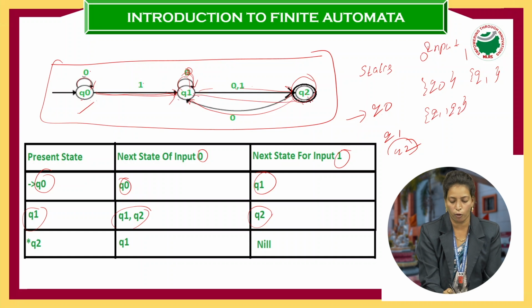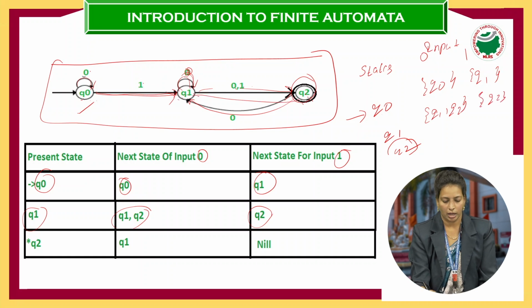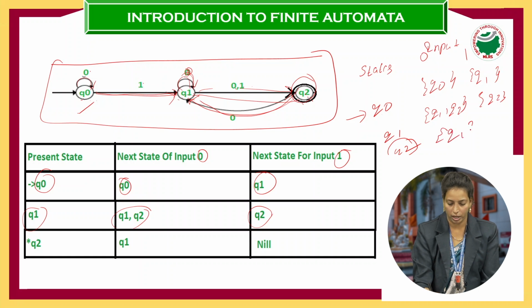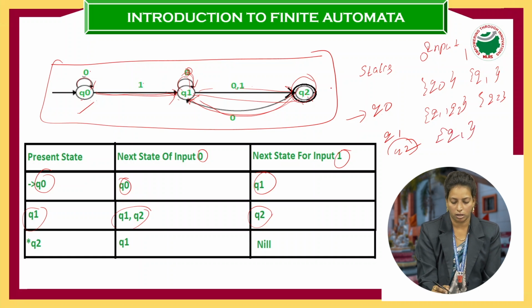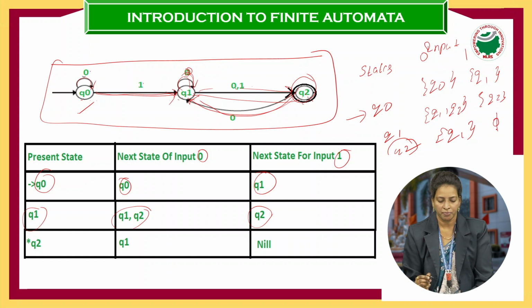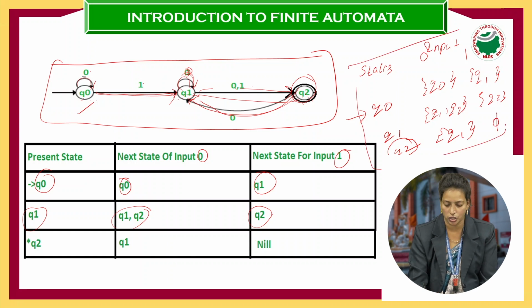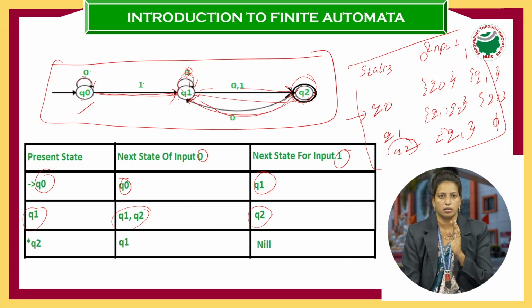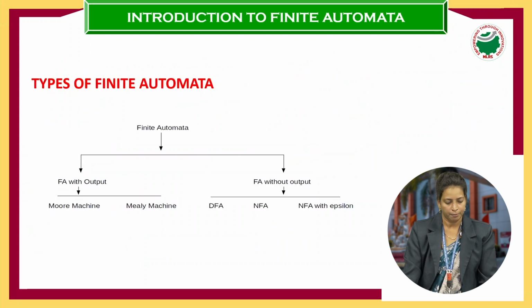Q1 of 1 moves to Q2. Q2 of 0 moves to Q1. Q2 of 1 is nothing, the null string. So this is the transition table. There are two ways to represent the structure of finite automata: the transition diagram and the transition table.